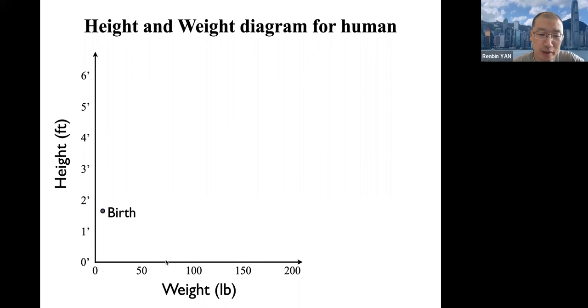So the height and weight for a person is low when a person is born, and then it gradually grows larger and larger in both height and weight, right? So in the first year, a baby will grow a lot in height and weight, and then gradually, in childhood, you grow a lot to 4 to 5 feet and heavier in weight, and then as a teenager, you get to almost your maximum height, and then you grow very slightly after that.